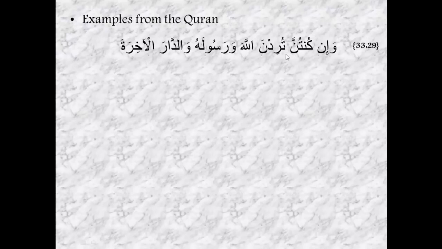Because the address is to a group of women, we have conjugation for antunna, turidna. Now this verb is slightly trickier because number one, it's a form 4 verb, arada yuridu. And number two, this verb is what we call ajwaf or hollow.